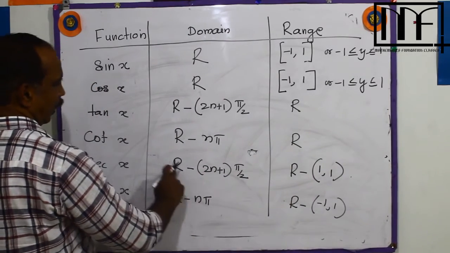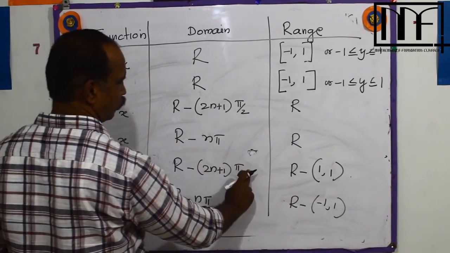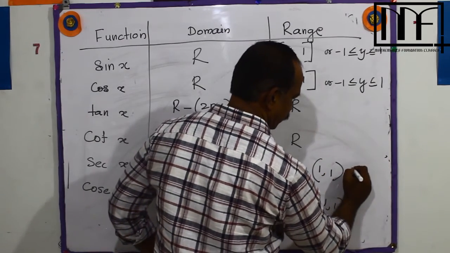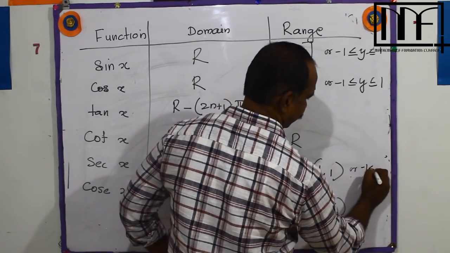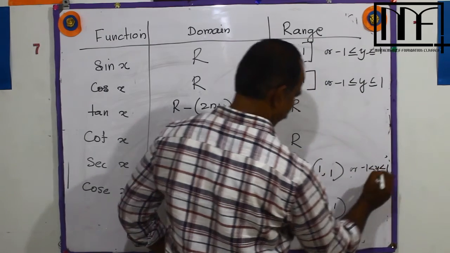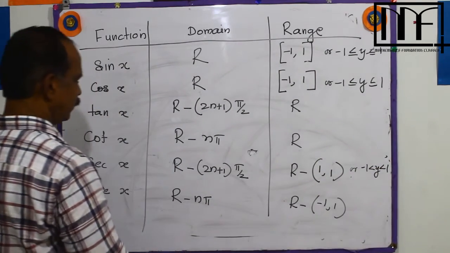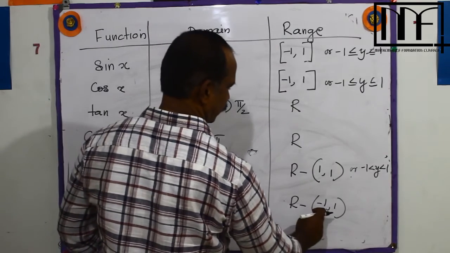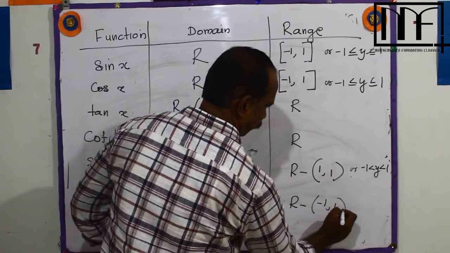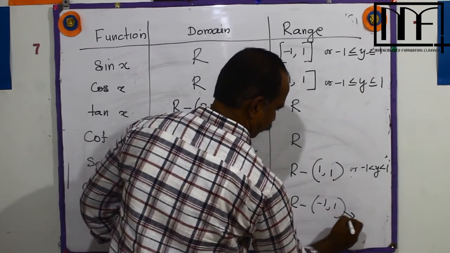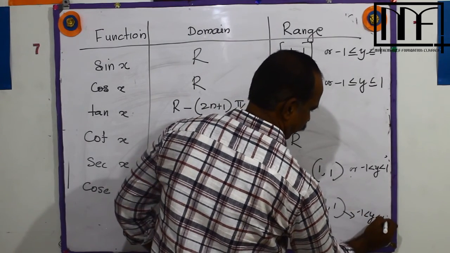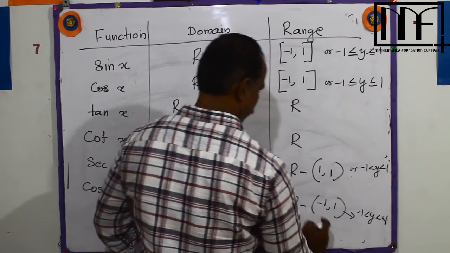Sec x: domain is R minus (2n plus 1) into pi by 2, and the range is R minus the open interval minus 1 to 1. And cosec x: the domain is R minus n pi, and the range is R minus the open interval minus 1 to 1. So this will be the range.